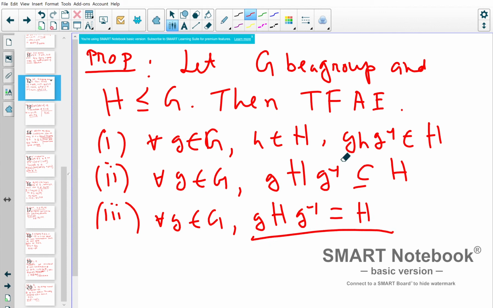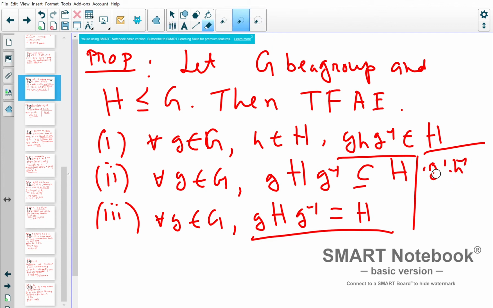What does that mean? It means that g h g inverse belongs to H, so g h g inverse equals some h dash, some other element in H, which may or may not be equal to h, right?